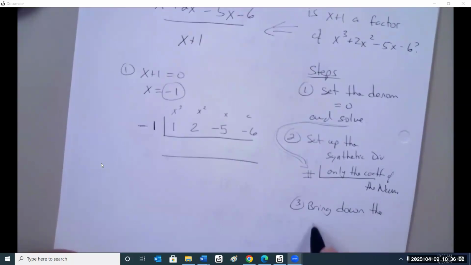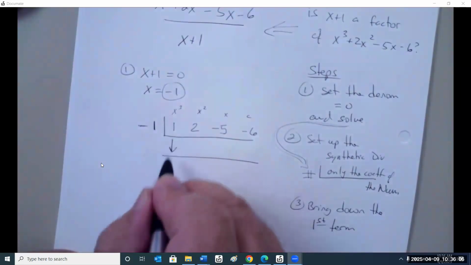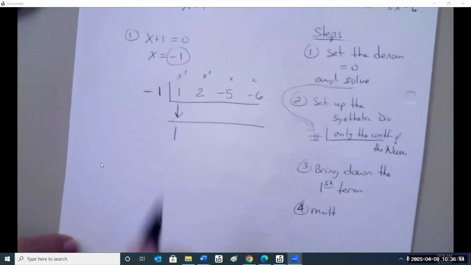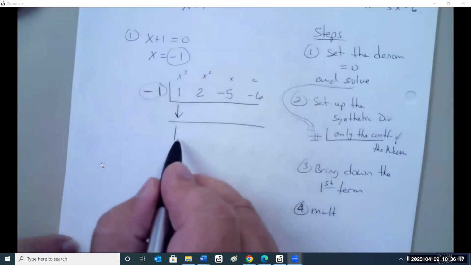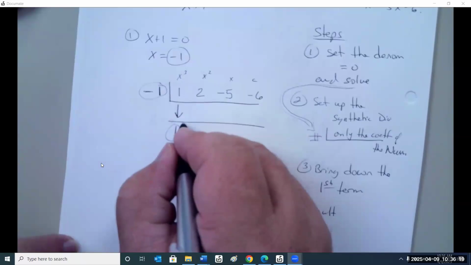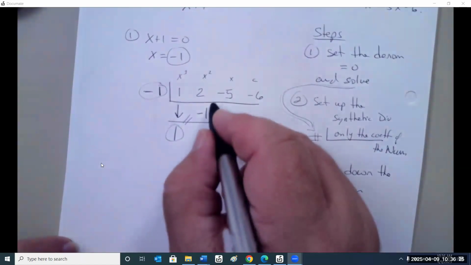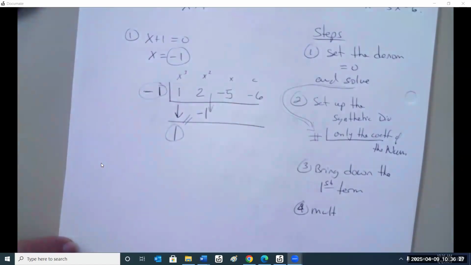Bring down the first term. Then you multiply this number by this one, putting it there. Then you add straight down. 2 minus 1 is 1.